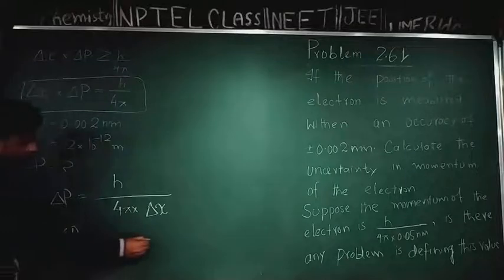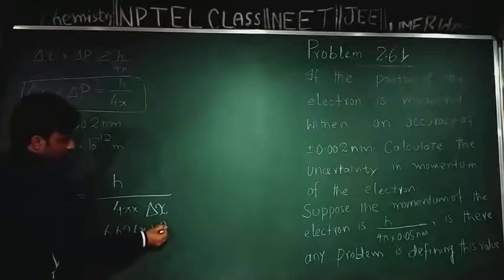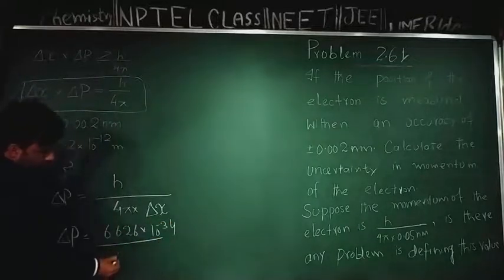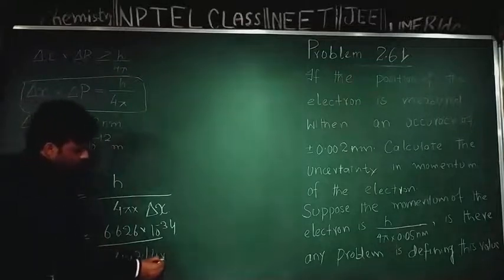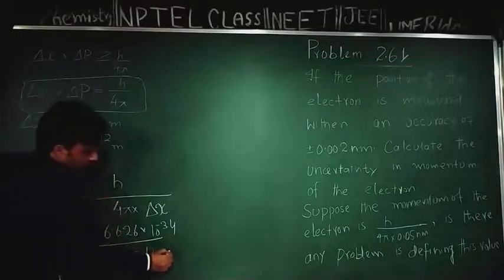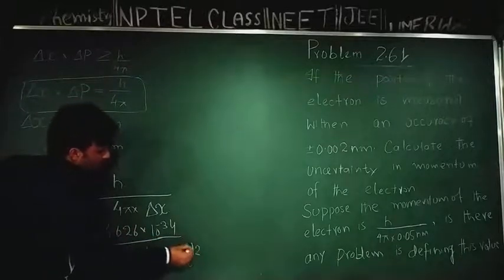Uncertainty in momentum will be equal to 6.626 into 10 to the power minus 34 divided by 4 into 3.14 into uncertainty in position, given as 2 into 10 to the power minus 12.